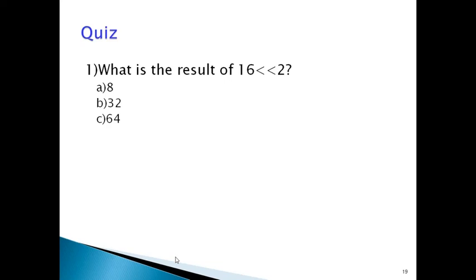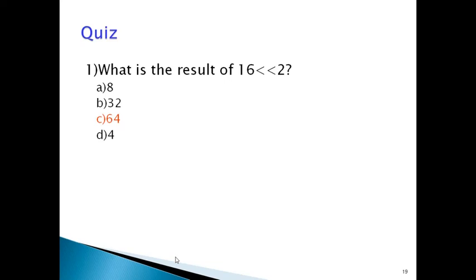We are moving the bits two times, left shifting two times. So the value is raised two times. 16 becomes 32 first time, second time 32 is multiplied with 2, 64.